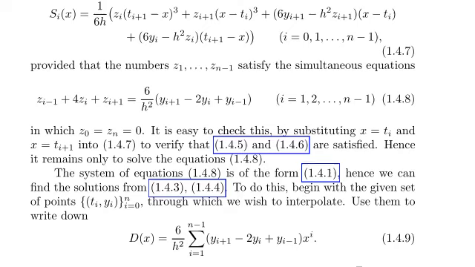And then it says provided that the z_i satisfy z_{i-1} plus 4z_i plus z_{i+1} equals 6 over h squared, (y_{i+1} minus 2y_i plus y_{i-1}).